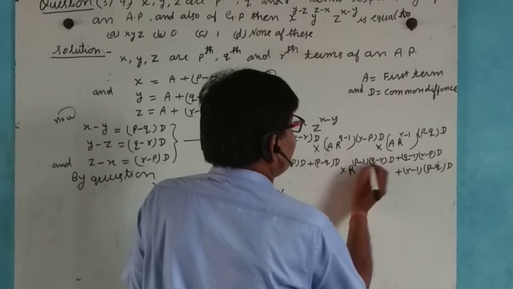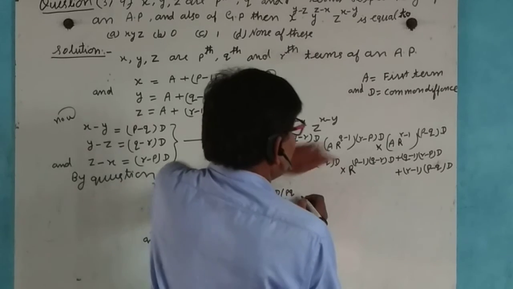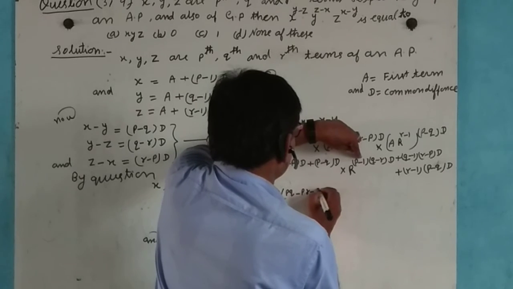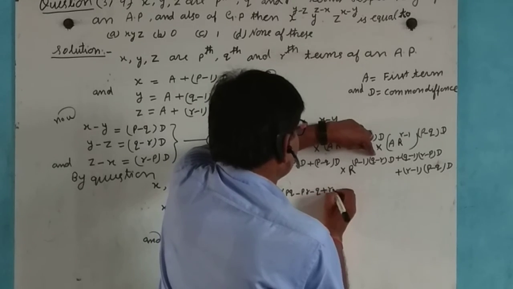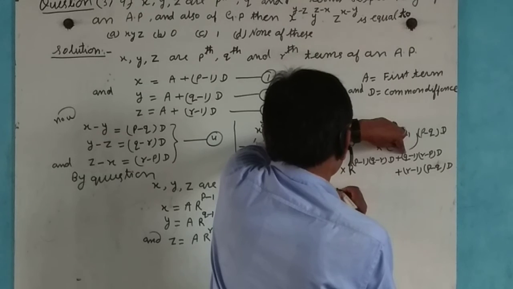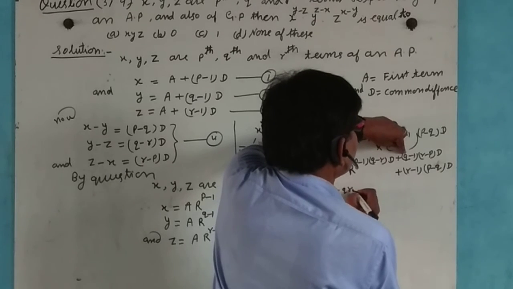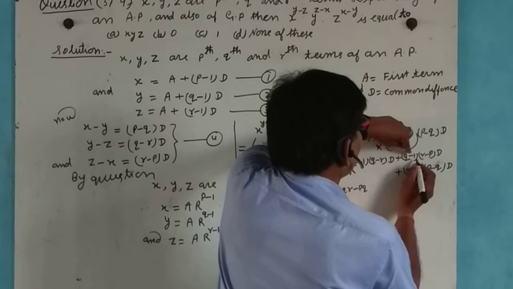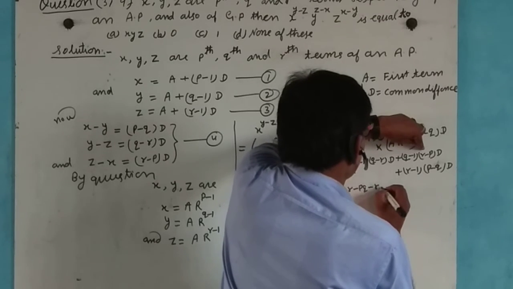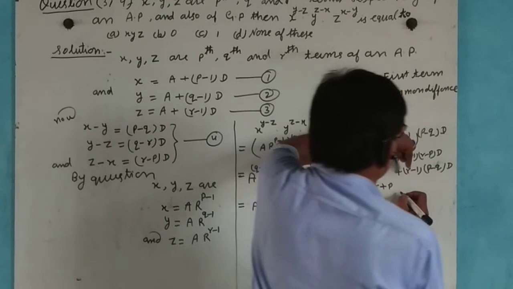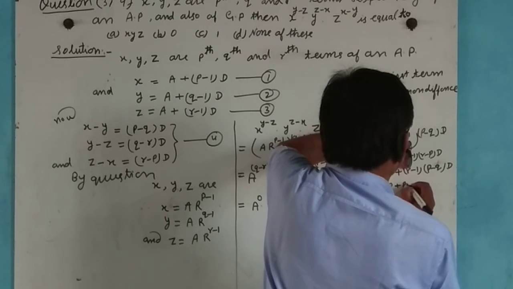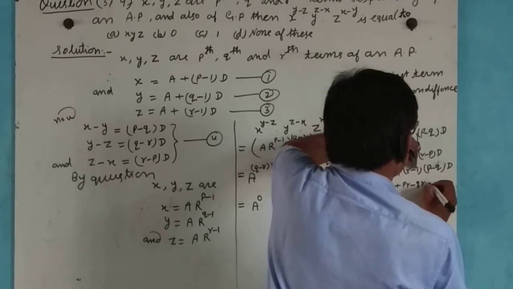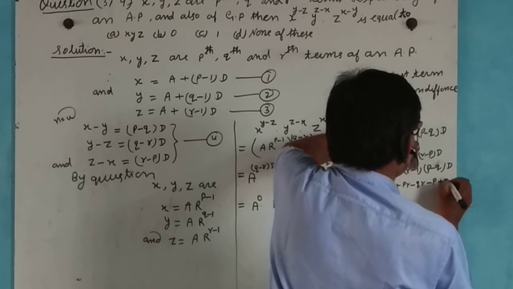After that this pq minus pr minus q plus r, here qr minus pq minus r plus p, here pr minus qr minus p plus q.